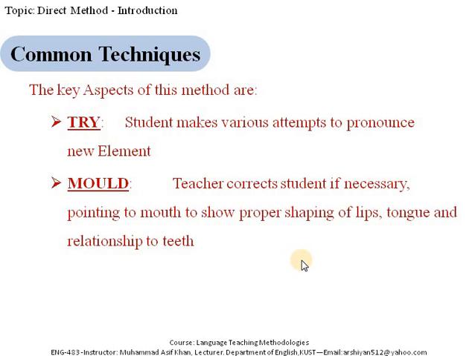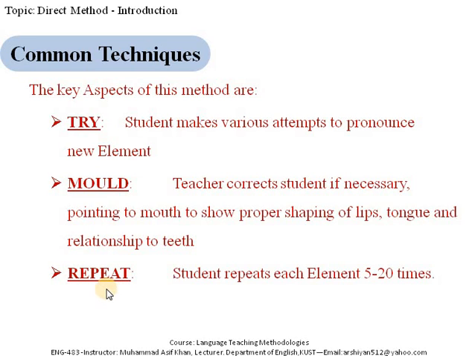He is just pointing out, and he shows the proper shapes of the lips and tongue and relationship to the teeth. So it is the time when he is molding and correcting the students. Then comes the stage of repeating. Students repeat each element 5 to 20 times. It depends upon the capabilities of the student.